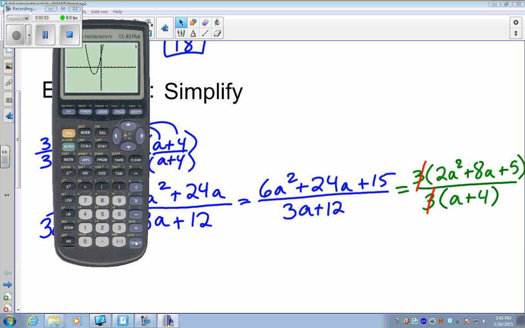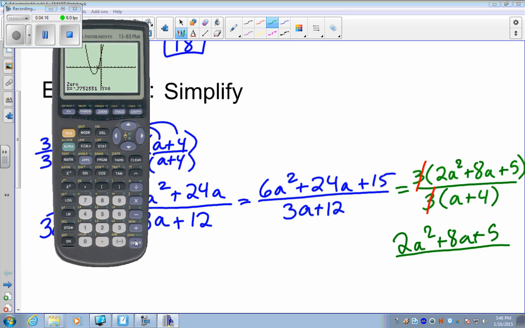And I get negative 0.775251. That's an irrational number. It doesn't repeat, doesn't end. So therefore, the numerator cannot be factored further. And the final answer is 2a squared plus 8a plus 5 all over a plus 4.